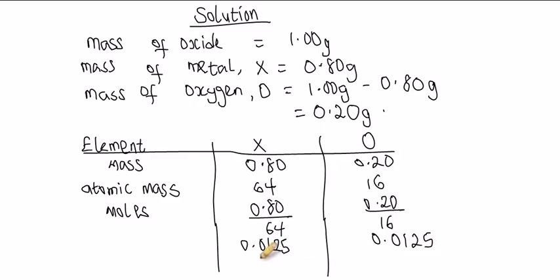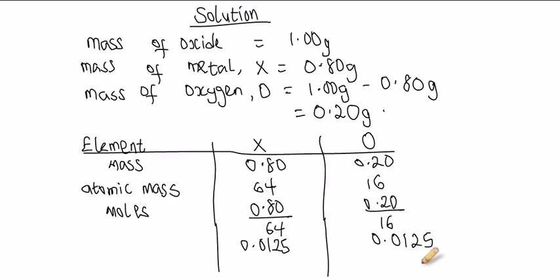The next thing to do now is to find the simplest whole number value in which they can both combine, and that will serve as the mole ratio. In most cases, if we have different values, we'll be dividing by the smallest, but here we do not have different values, so we just proceed by dividing both sides by 0.0125. We should be having 1 as our final answer.